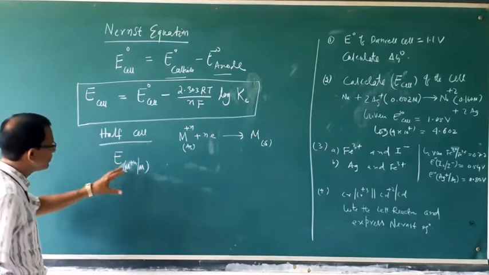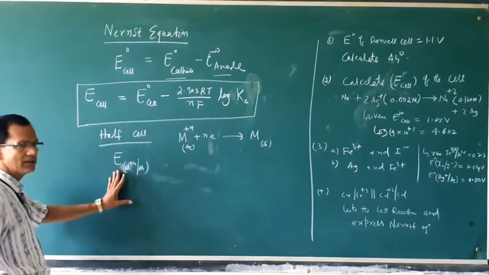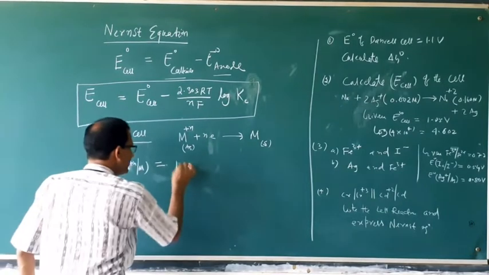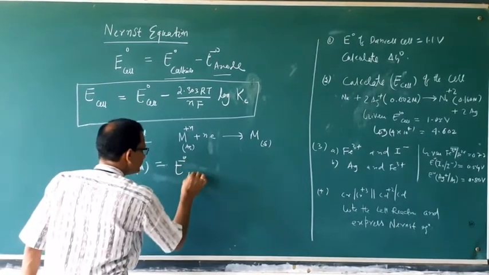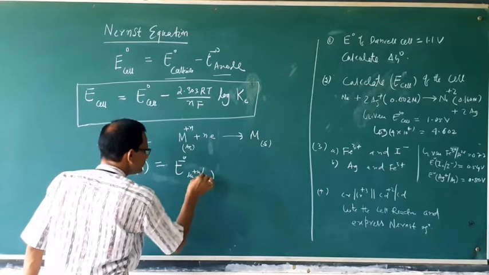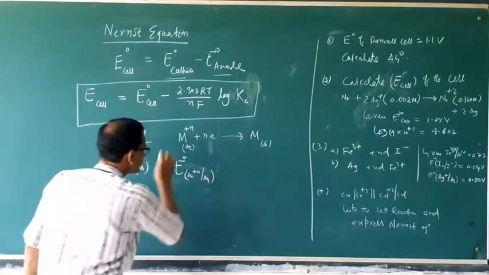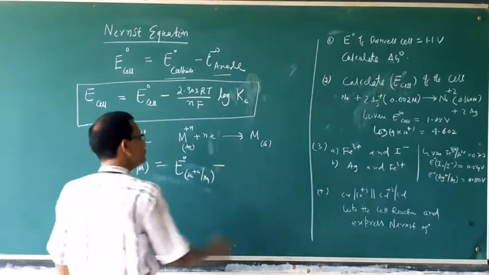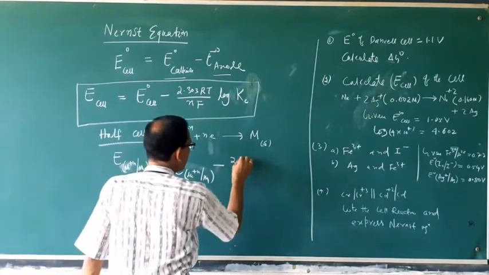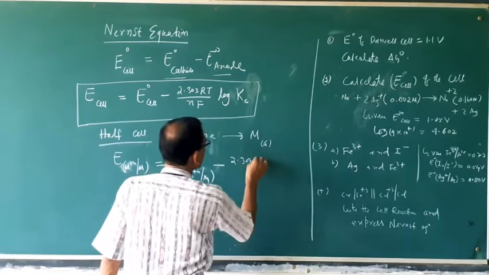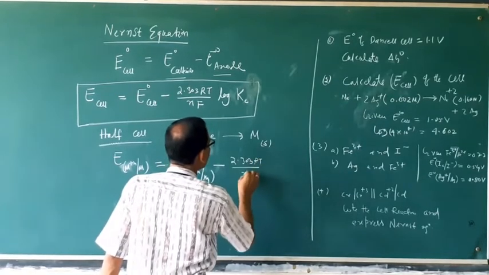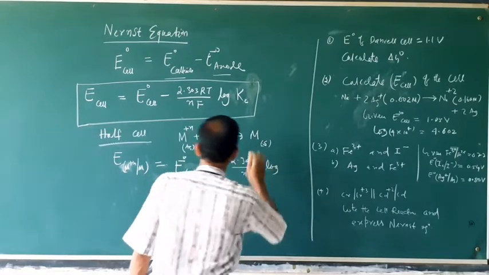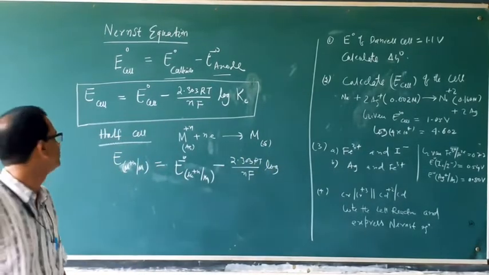So the cell potential of this half cell is equal to E naught value of this cell minus the same formula, 2.303 RT by nF log Kc.